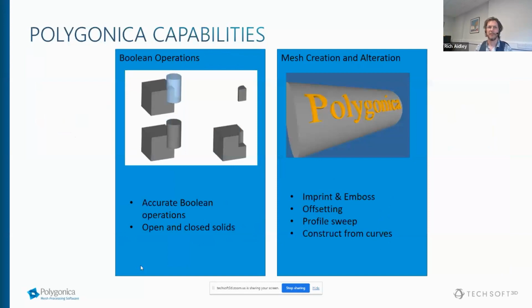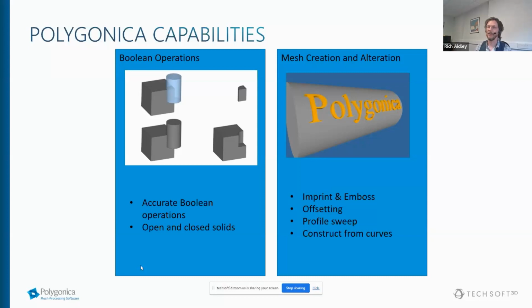Obviously, we have Boolean operations. That's kind of our core thing. This is what came out of MachineWorks. So we've got very fast and very accurate 3D Boolean operations, which, because this software is built up over 30 years, because it's based on the underlying MachineWorks, will handle a really large number of very tricky corner cases that you might otherwise have problems with.